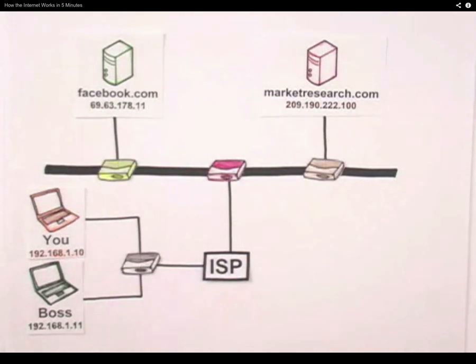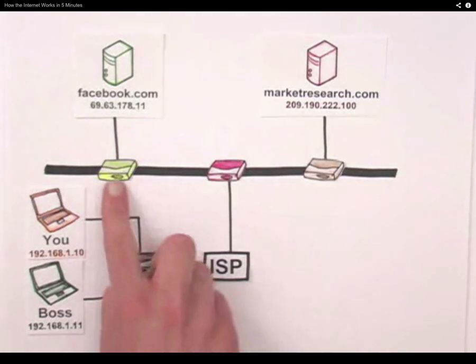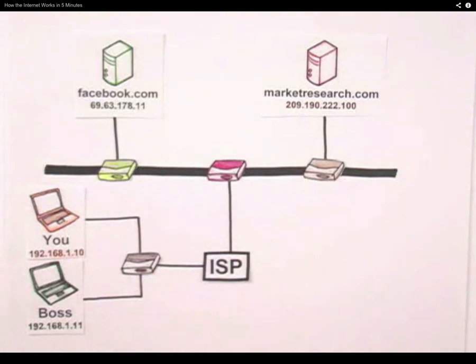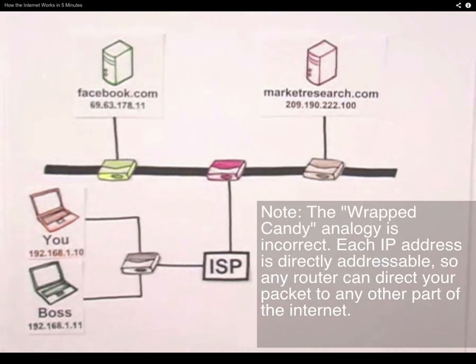Anywhere two or more parts of the internet intersect, there's a piece of equipment called a router. Routers direct your packets around the internet, helping each packet get one step closer to its destination. Every time you visit a website, upwards of 10 to 15 routers may help your packets find their way to and from your computer. Imagine each packet as a piece of candy wrapped in several layers. The first layer is your computer's IP address.